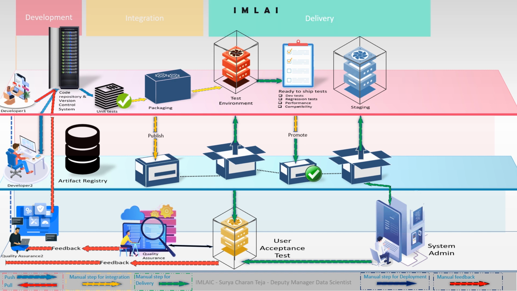But it should replicate exactly a production environment. Now let's see a few major differences between staging environment and test environment. A staging environment duplicates the production environment to test the product, whereas a test environment helps to test a particular part of the product.